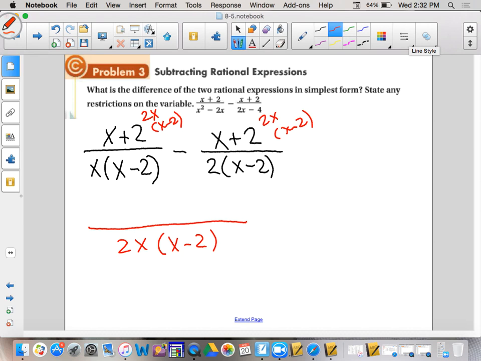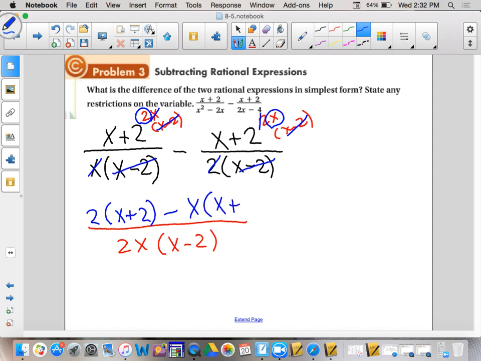So what cancels out on this side over here? x minus 2 cancels out, and your x cancels out. So what am I left with over here? 2 times x plus 2. Minus, what cancels out over here? Your 2 and your x minus 2. What am I left with? x times x plus 2.